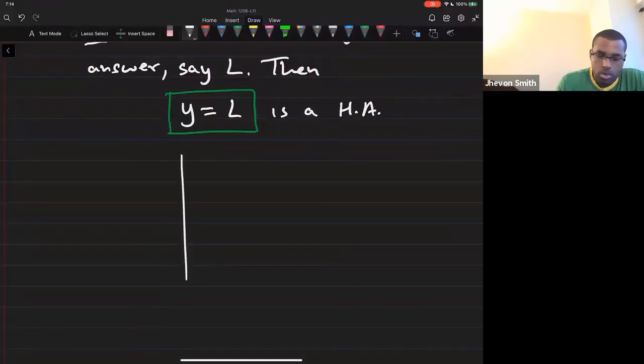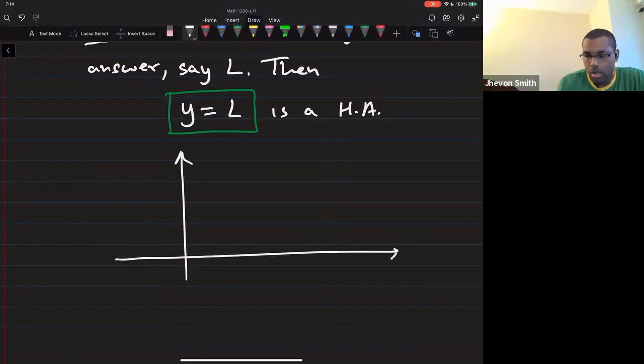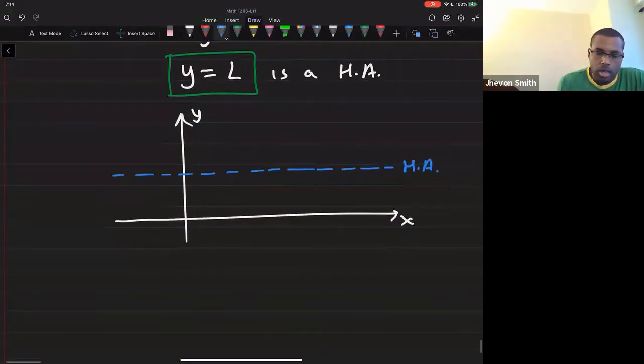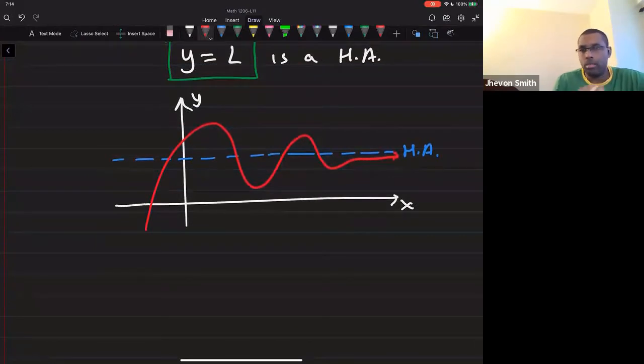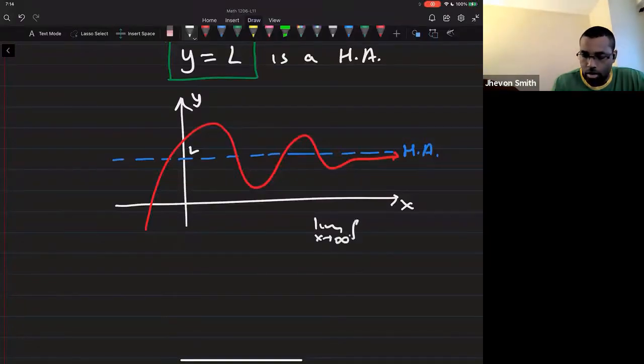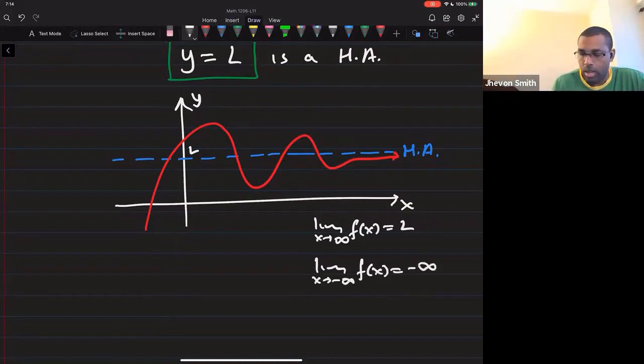So you have this. This is the HA. And you can have a curve doing its thing. And you see that eventually to the right, if I call this L, you'll notice that the limit as x approaches infinity of f of x equals L. And the limit as x approaches negative infinity of f of x equals negative infinity.